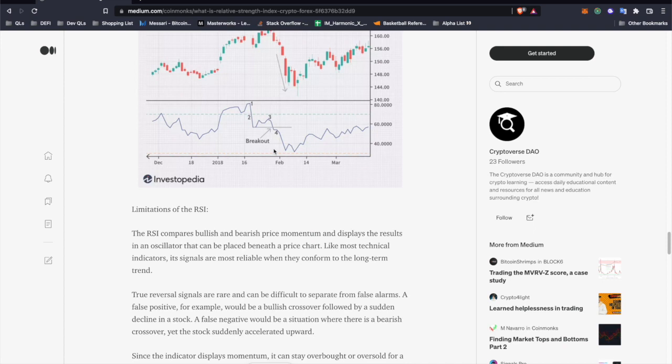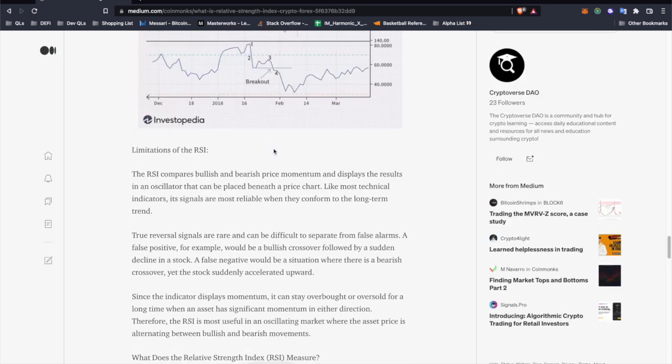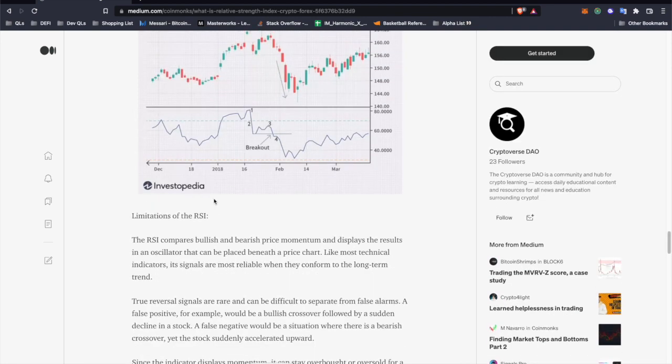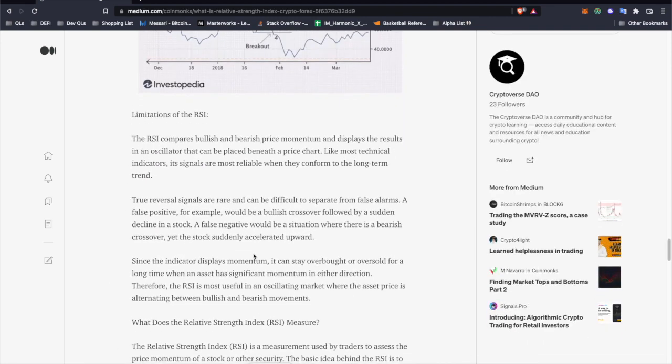A false positive, for example, would be a bullish crossover followed by a sudden decline in the price of the asset you're looking at. A false negative would be a situation where there is a bearish crossover, but then the stock suddenly accelerates upwards. Since the indicator displays momentum, remember, it can stay overbought or oversold for a long time when an asset has significant momentum in either direction.